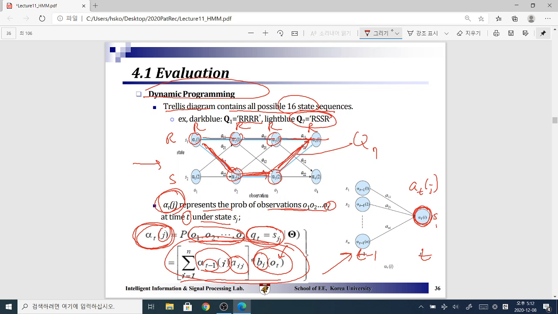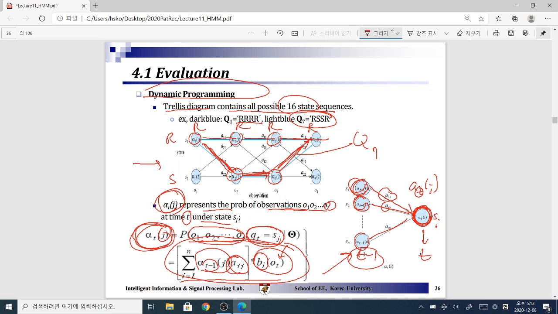So this is state j here, where the subscript t represents the time point, and alpha sub t of j is the sum of all the previous alphas multiplied by the transition probabilities between this node and the previous nodes. So each node at the previous time, t minus 1, is multiplied by the transition probabilities.